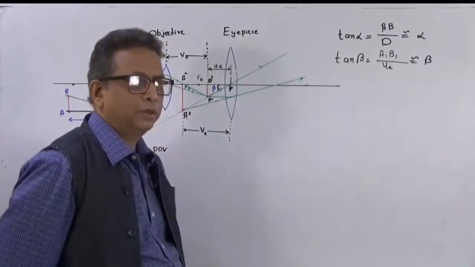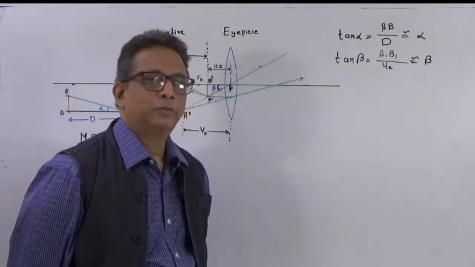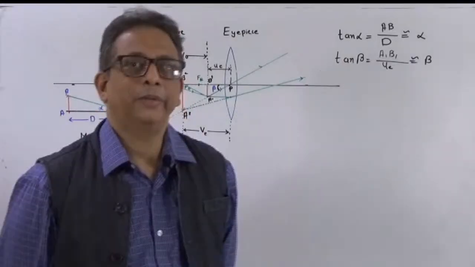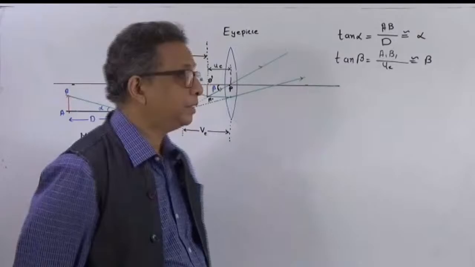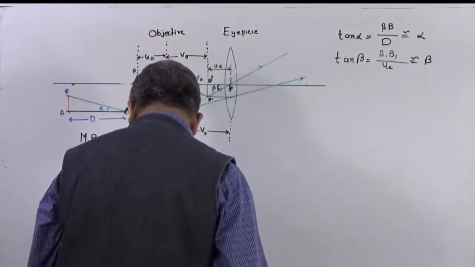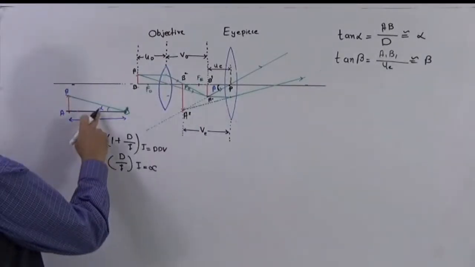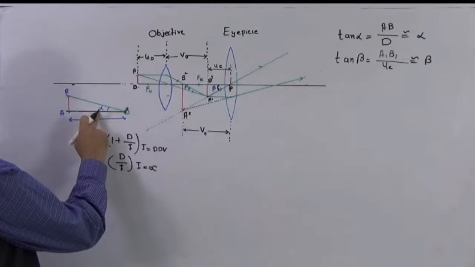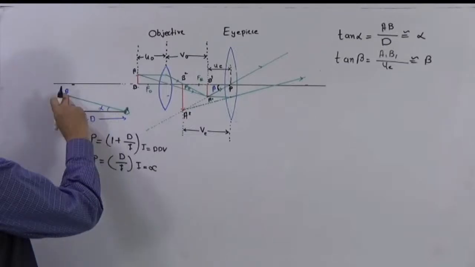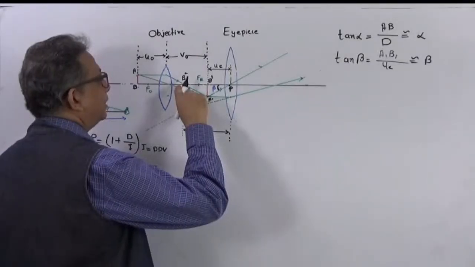Because of the small values of that angle, tan alpha can be considered equal to alpha, and tan beta can be considered equal to beta. Now, alpha is the angle subtended by the object, whereas beta is the angle subtended by the final image A2B2.